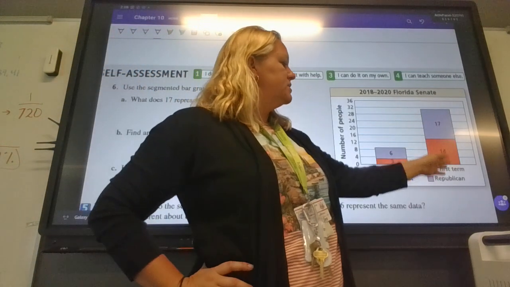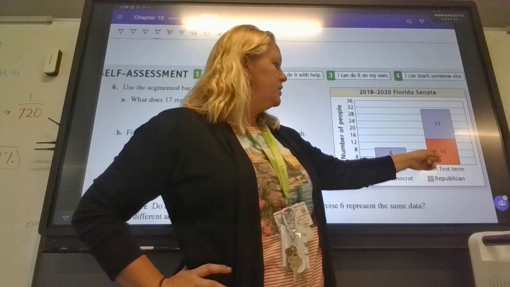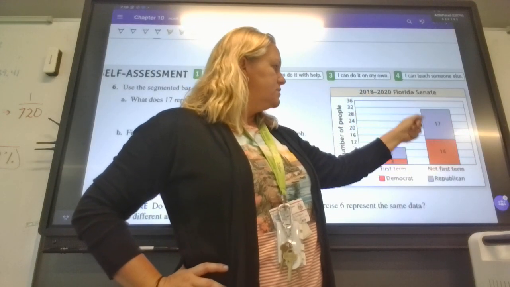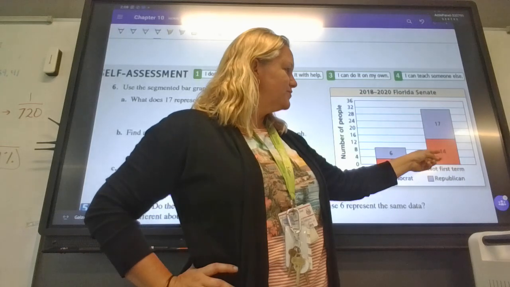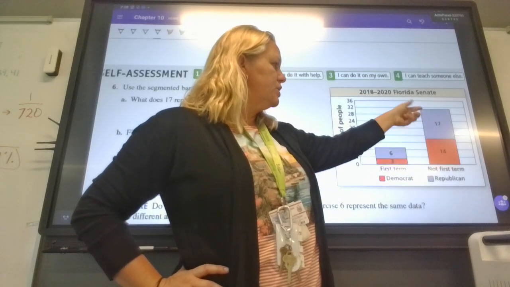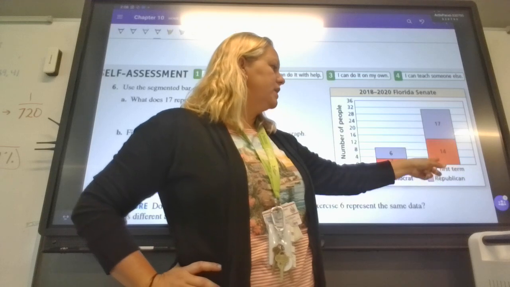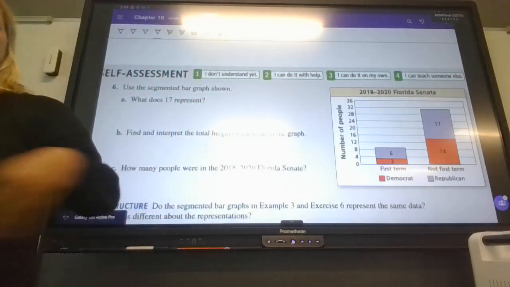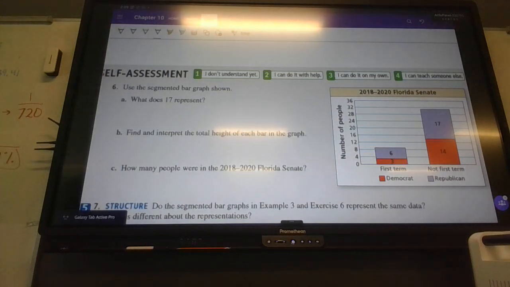The number of senators not in the first term, you can see if you add them up, there's 31 elected officials. 17 of them were Republican and 14 were in the Democratic column. So go ahead and make a sentence of what do you think this 17 represents?